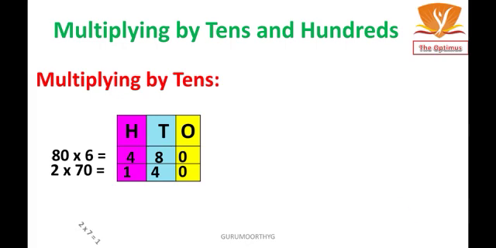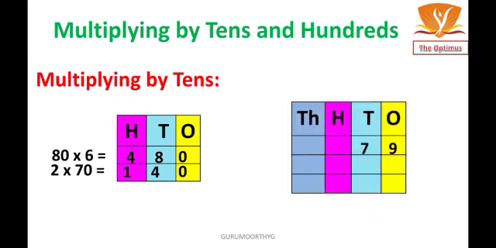Next, 79 into 40 equal to what? First, I am going to multiply 0 ones into 79 equal to 0. In this 0, I am going to write in ones place. Next, I am going to multiply 4 tens into 9 ones.